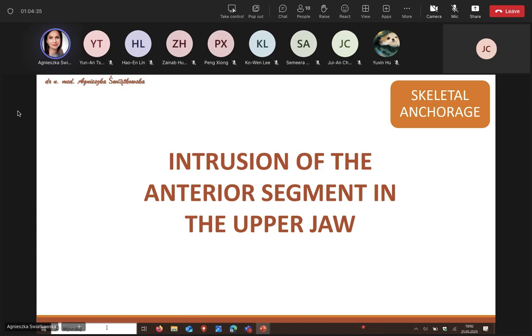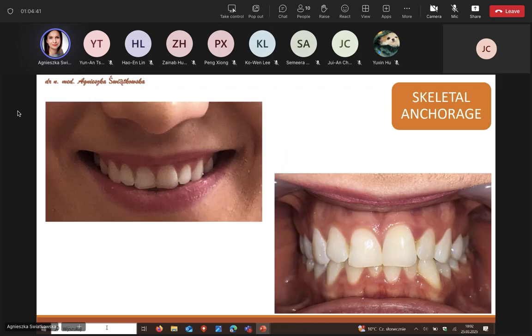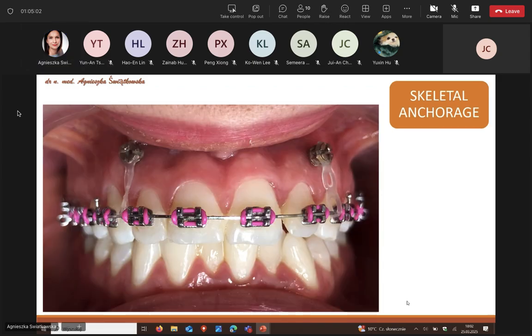We can also treat a patient with symmetrical intrusion of the anterior segment in the upper jaw. Here you can see the patient. This patient has a little gummy smile and deep bite. So if we have this kind of situation, we rather think about intrusion of the teeth in the upper arch.